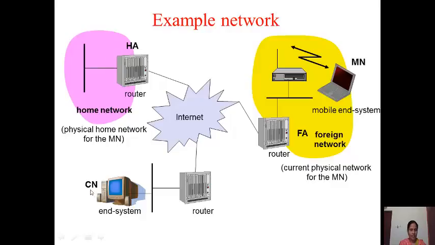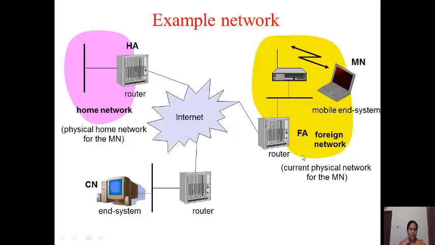Then, as I said, you have a correspondent node. A correspondent node here is an end system, and it is just going to be a communication partner which will try to communicate with the mobile node. And you have a router to connect with the rest of the internet. And this is the foreign network.